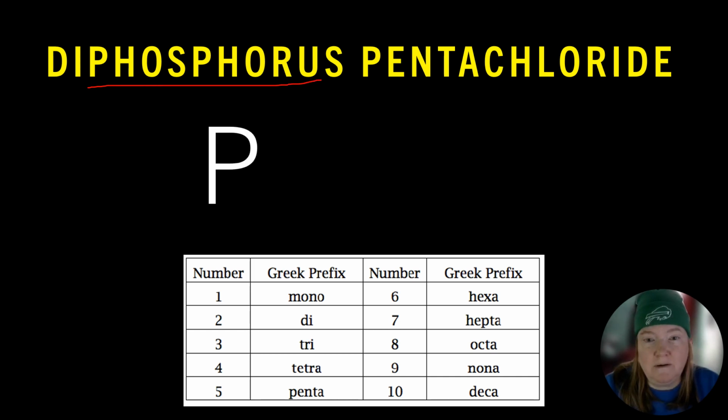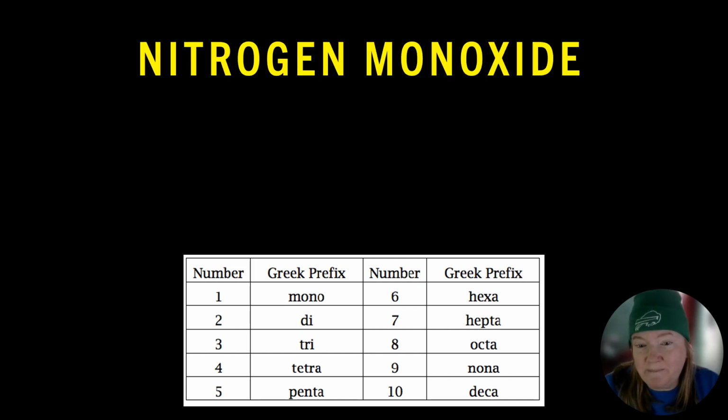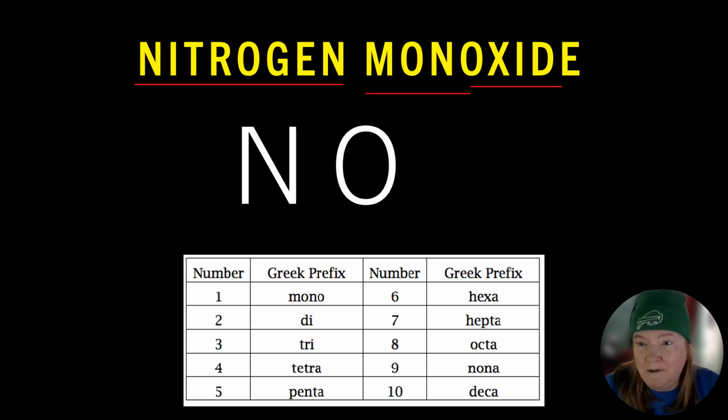Phosphorus, fluoride, di, penta. All right. Try this one. Nitrogen, oxide, no number, and mono. That's it. Voila. Covalent naming, easy peasy.